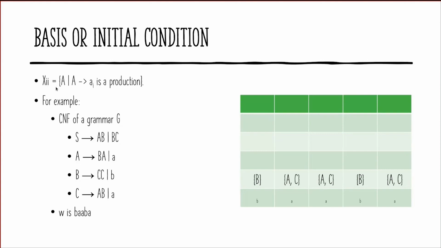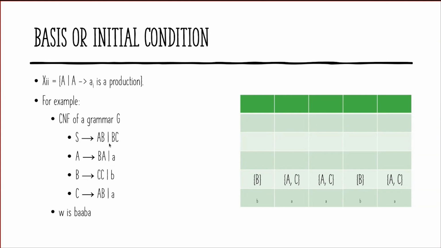For length one strings, Xii is a set of variables for i going from 1 to n. If I substitute any variable with a rule of the form A goes to BC, where B and C are also variables, then my final string will be of length greater than 1, because these variables at some point will end up in at least a string of length 1, right?